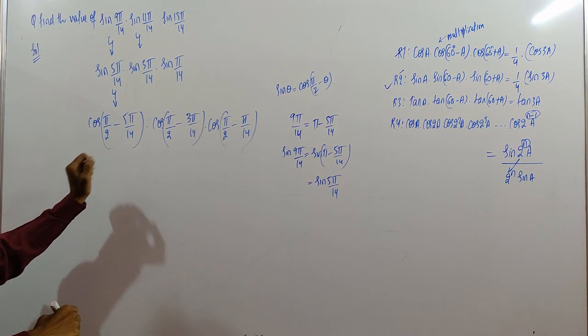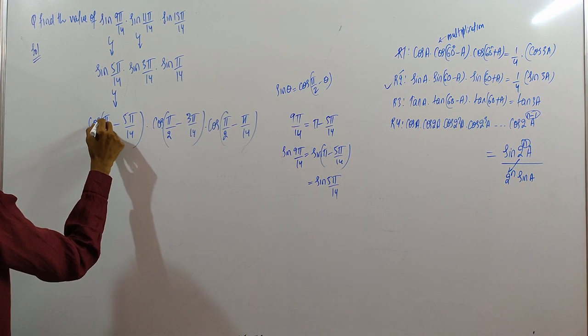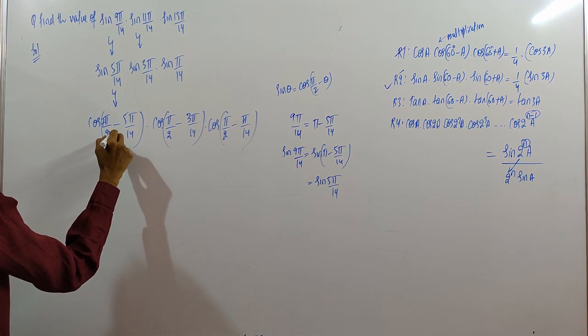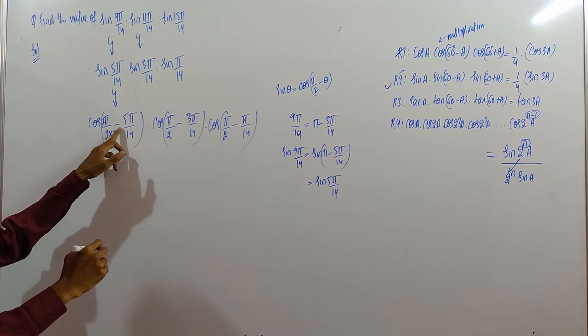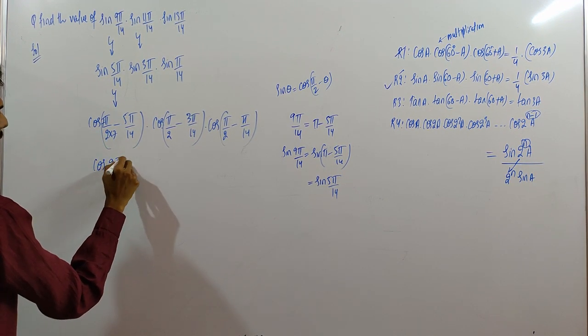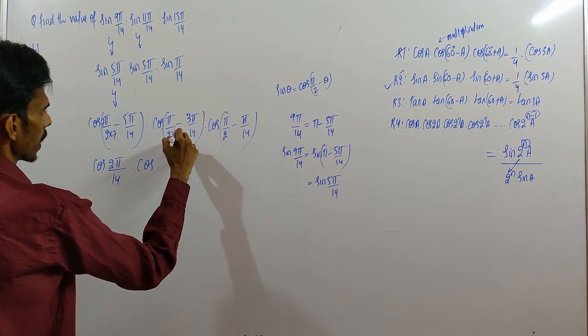Here we have 14, here we have 2. So multiply by 7 here. So it will become 7 pi. 7 minus 5 is 2 pi divided by 14 into cos, also multiply 7 here.